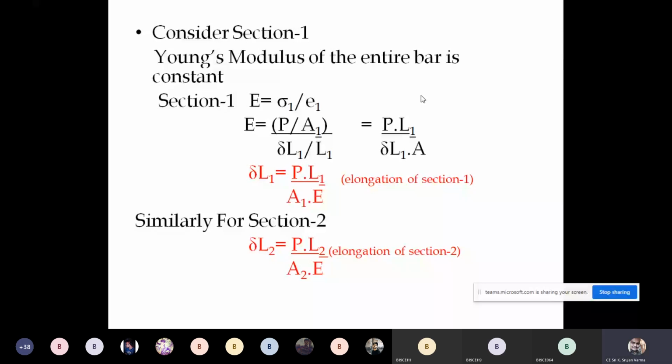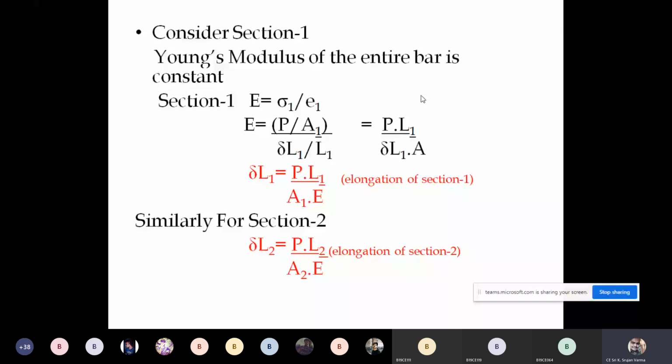And P is the load, a single load, a constant load, a tensile load which is applied over the entire cross section. I'm not taking P1, P2 and P3, three different loads which are applied, right? Only one capital P which is applied over the entire section. Okay, now we got delta L1. What is delta L1? Delta L1 is nothing but elongation of section 1. Elongation in section number 1.